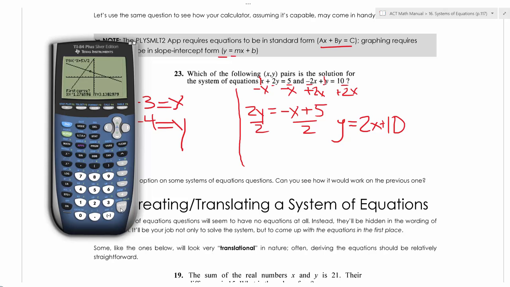I only have 2 curves, so I'm going to hit enter on that first curve. Second curve, I'm going to hit enter on that second curve. Some students think that you need to get the cursor near the point of intersection, and you really don't. The calculator will do just fine without getting that cursor near the intersection. So the calculator's asking me if I want it to guess, and I've always found that funny because, like, what else would I want it to do? So I'm going to hit enter, and indeed it gives me that the intersection is -3, 4.